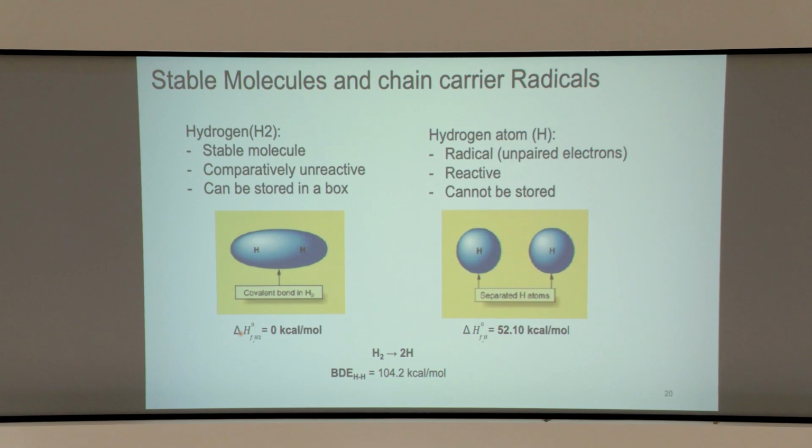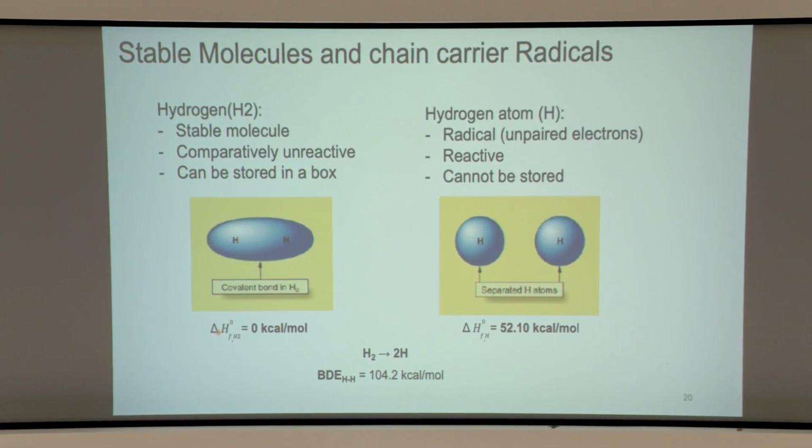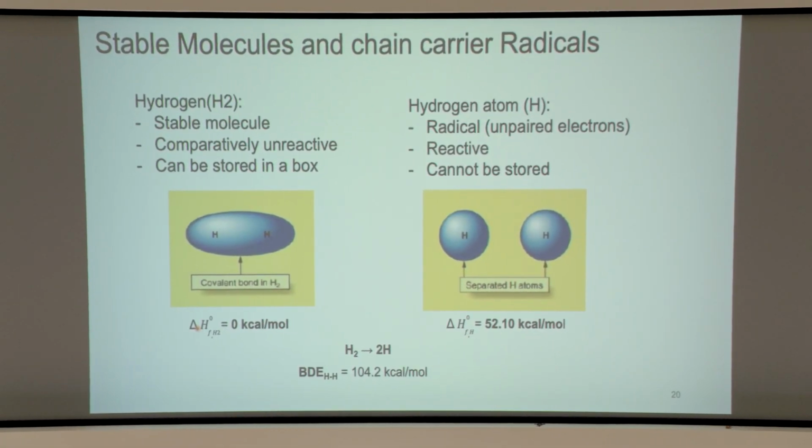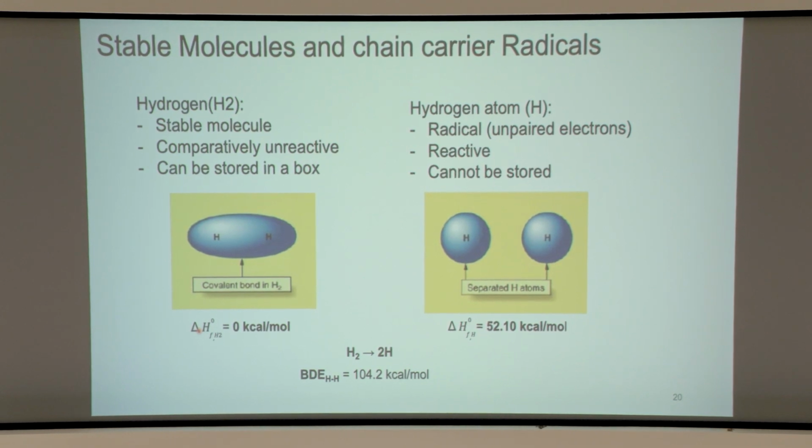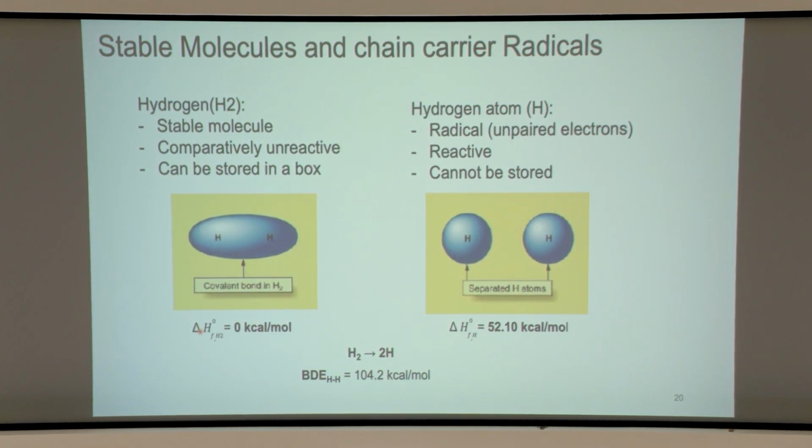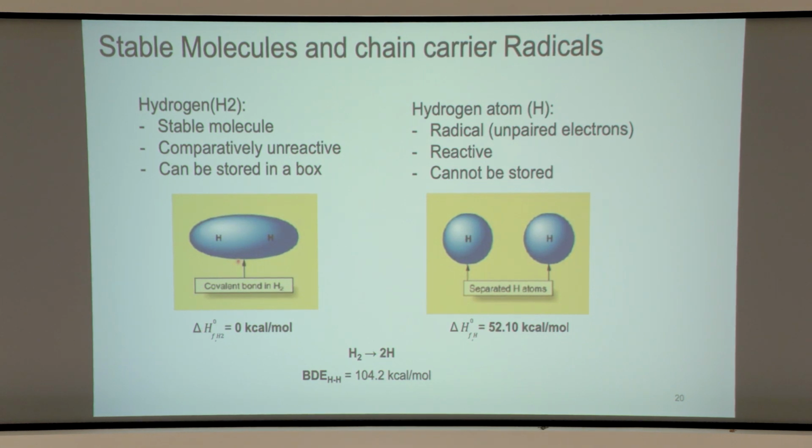Okay, then we should be clear that when we talk about a stable molecule, like an element such as hydrogen, the heat of formation is always defined as 0 in the reference state. That's because stable molecules like hydrogen are unreactive in their parent state. But if we take a molecule like hydrogen and split it apart into radicals, 2 H radicals, the H radical has a heat of formation.